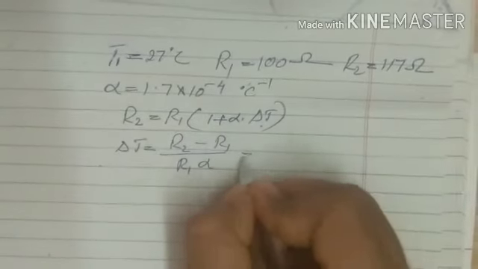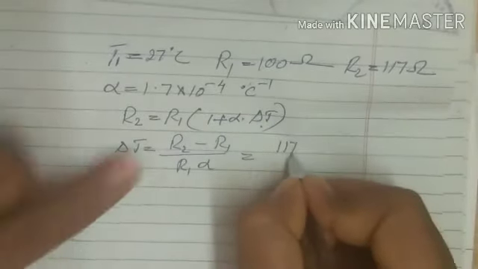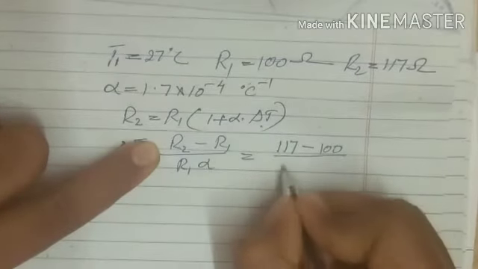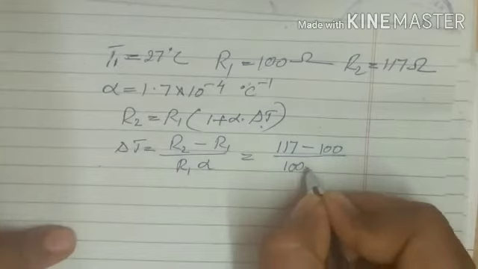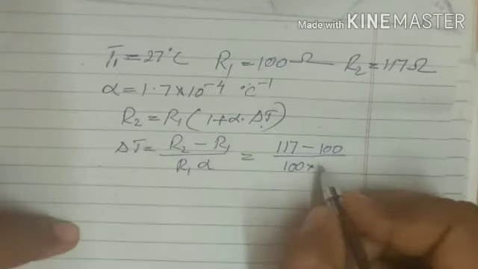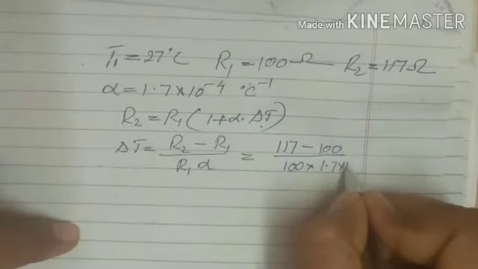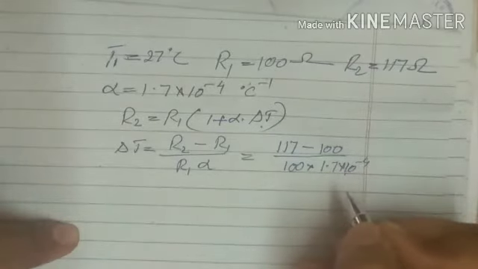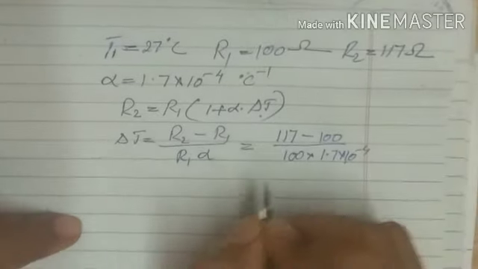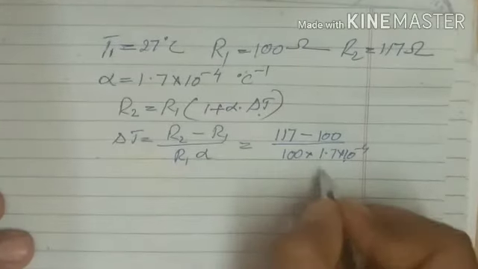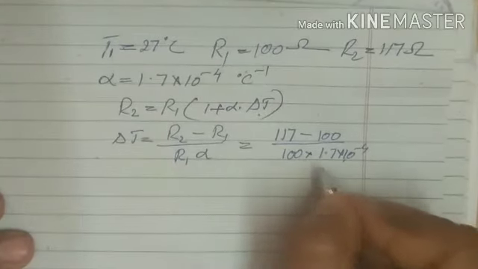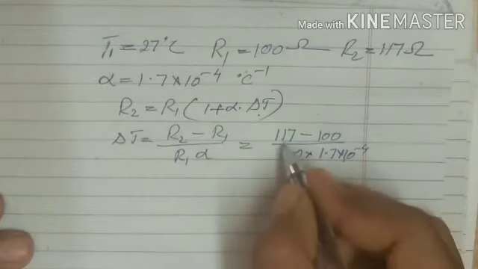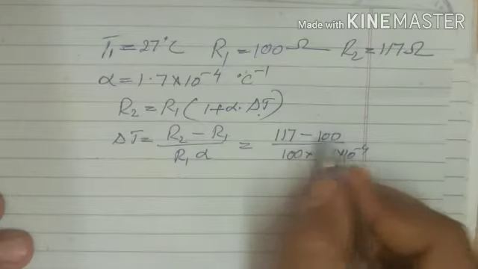So let us substitute the values. 117, that is the final resistance, minus initial resistance, divided by initial resistance into temperature coefficient, that is 1.7 into 10 raised to minus 4. This 10 raised to minus 4 goes up and becomes 10 raised to 4. On substituting the values, 1.7 into 100 becomes 170, and the numerator becomes 17.